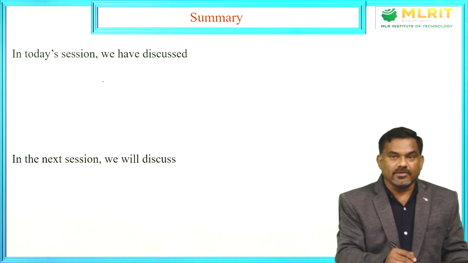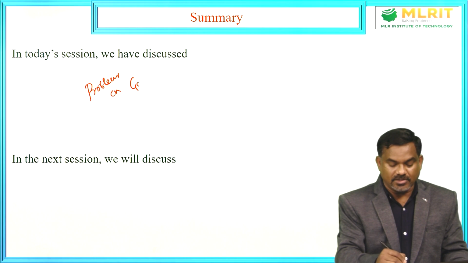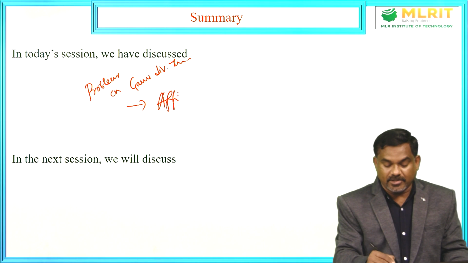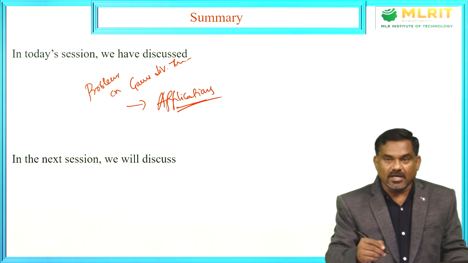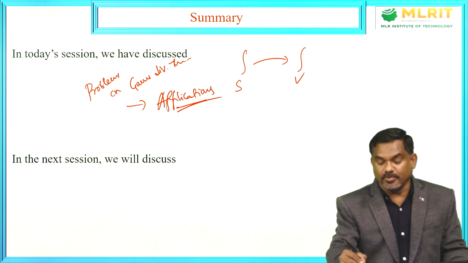In today's session we have solved two problems as applications of the Gauss Divergence Theorem. What is the advantage of the Gauss Divergence Theorem? We can transform a surface integral into a volume integral.